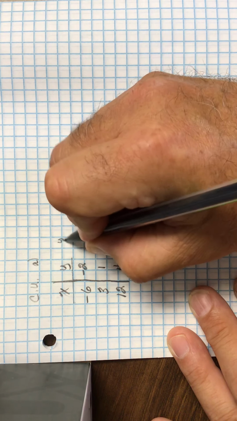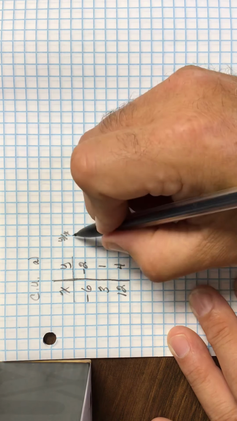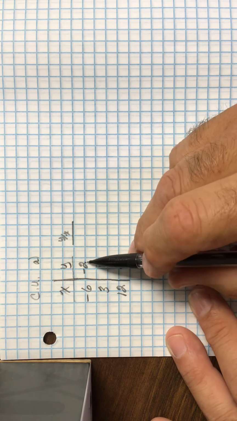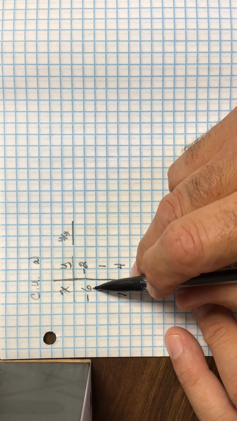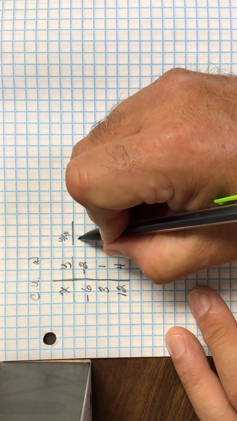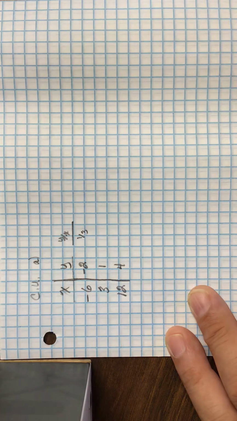Okay, so we're going to put y over x. Now remember, this is where reducing fractions is important, because I get a -2 over a -6. Well, that's positive 2 over 6, because two negatives make a positive. And 2 over 6 reduces to 1 over 3.